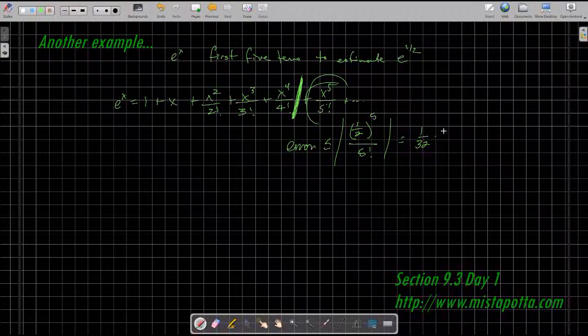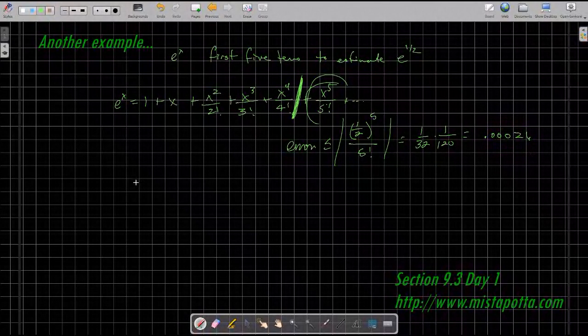And 5 factorial is 120. So I actually end up with something here that's about 0.000026.